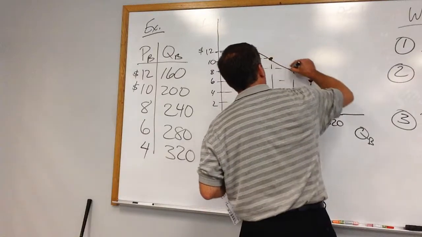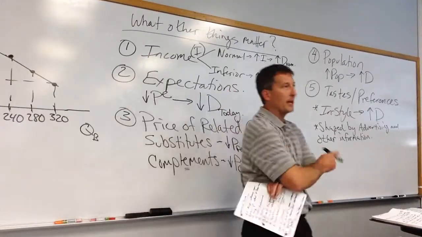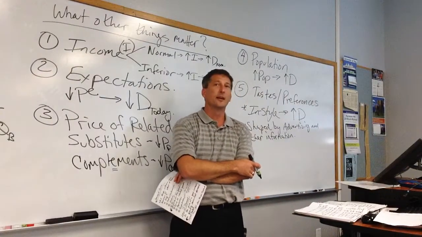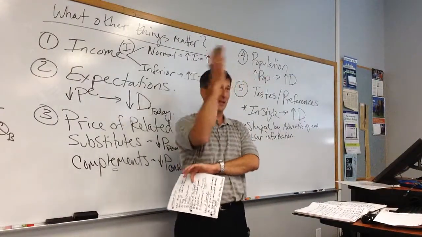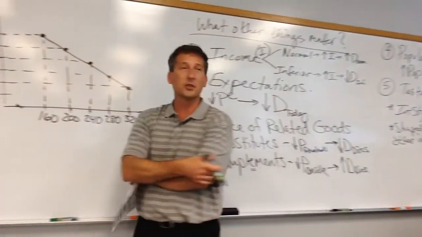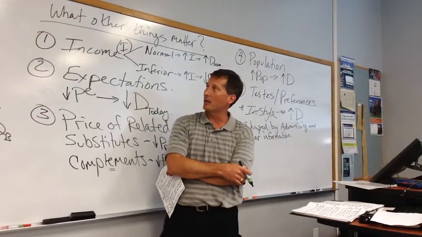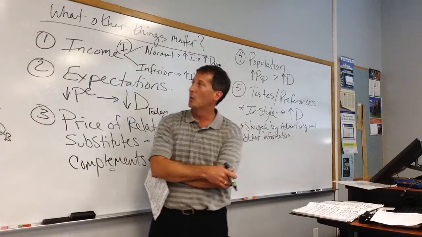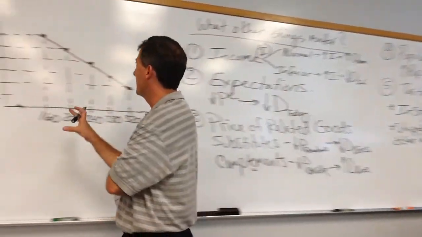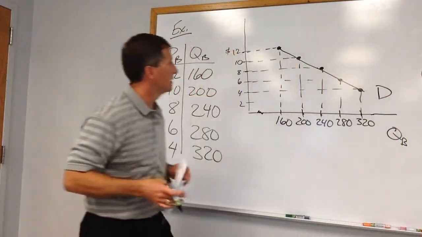Most of the time in this class, we will use a straight line demand curve for simplicity. In real life, that demand curve might have a little bit of curve to it. It might really be curved, but just to get started and to keep the math a little more simple, we're going to be dealing with straight line demand curves. So there's our demand curve.